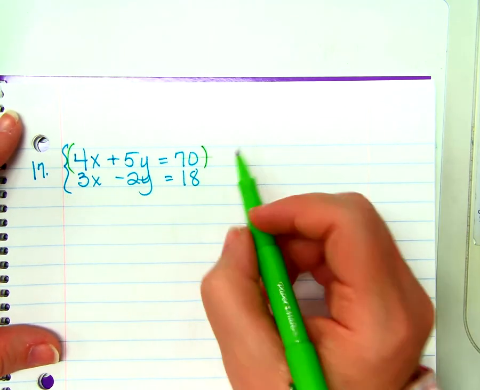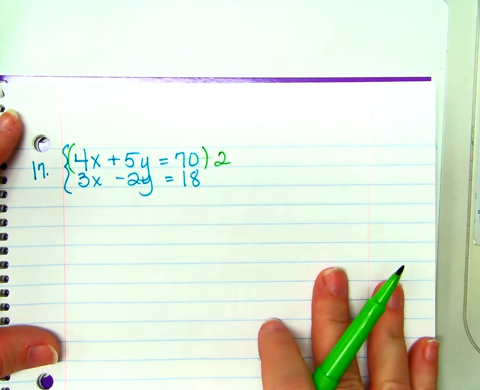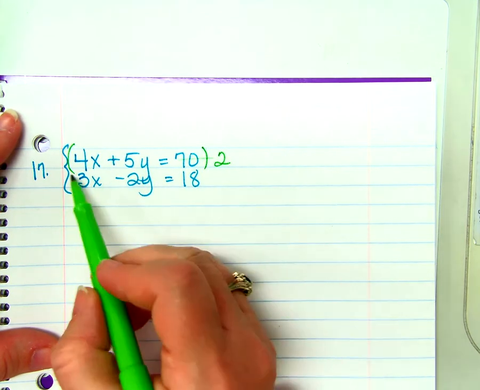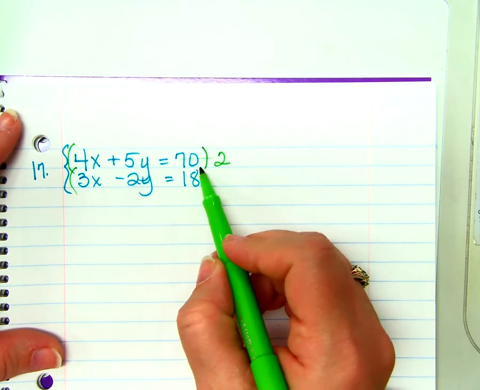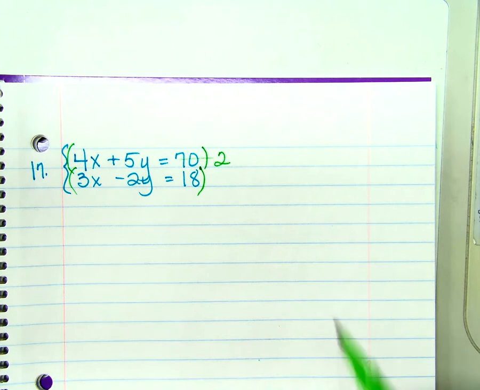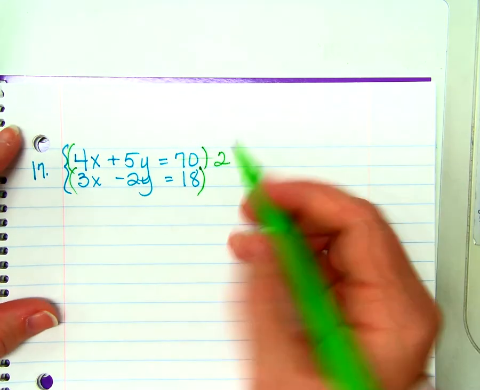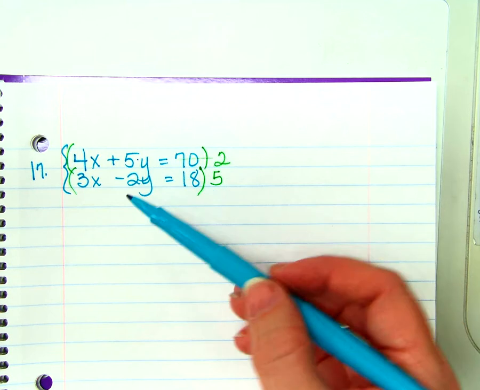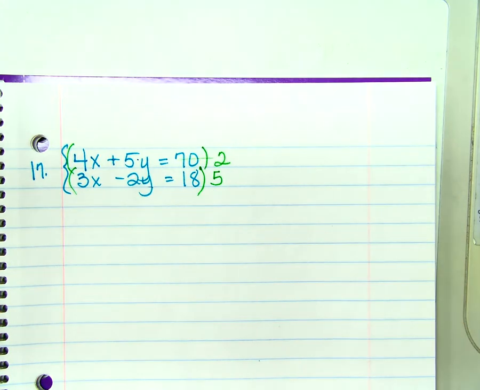Everything in the first equation needs to be multiplied by 2 to make this a positive 10y. Everything in the second equation needs to be multiplied by 5, because that would make the y term negative 10. Then I would have a positive 10 and a negative 10, and those will eliminate.